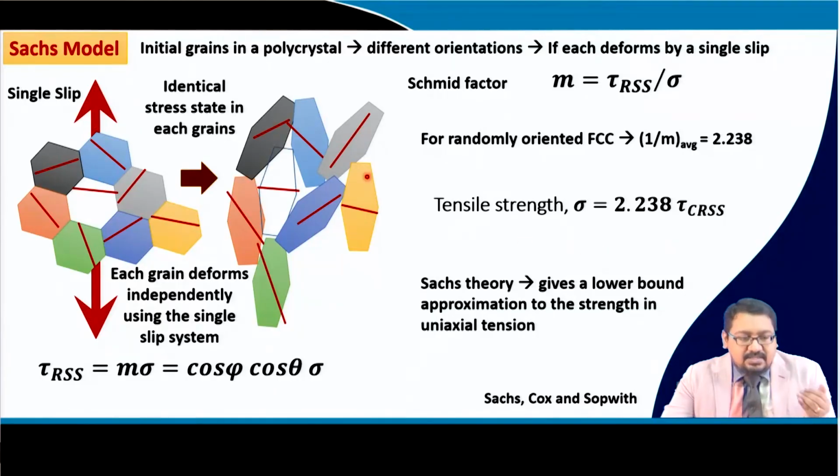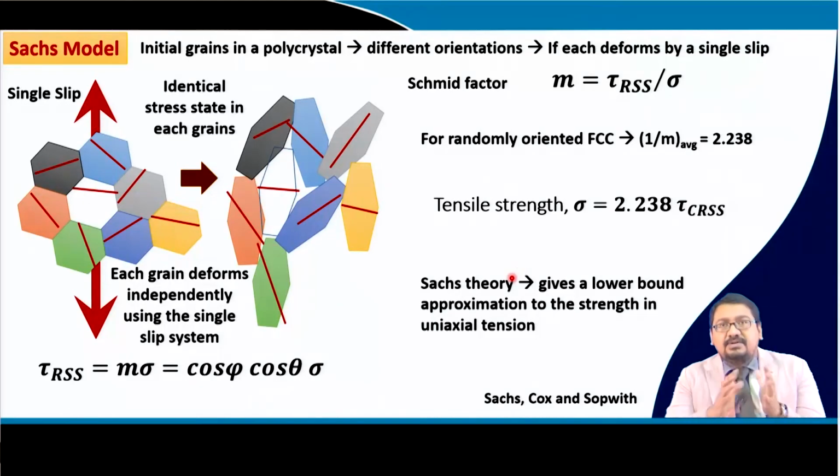This Sachs model or Sachs theory gives the lower bound approximation of the strength of the material for this kind of uniaxial tensile condition. For this, you can look into the papers by Sachs, Cox and Sopwith.